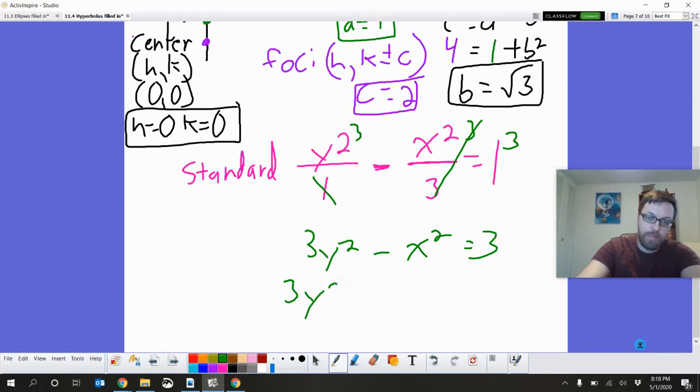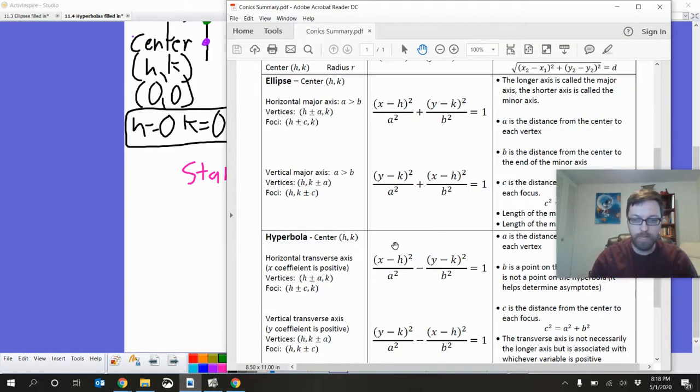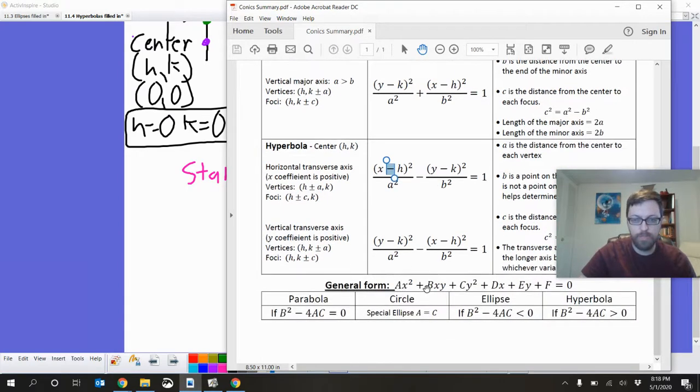So we get 3y squared minus x squared minus 3 equals 0. That can be our general form. If you wanted to, you could rearrange them a little bit so it matches the order, but I'm not going to be so picky about making sure that you've got your x squareds first. The idea is that these are all nice numbers. There's no division. There's no parentheses. And the thing equals 0.